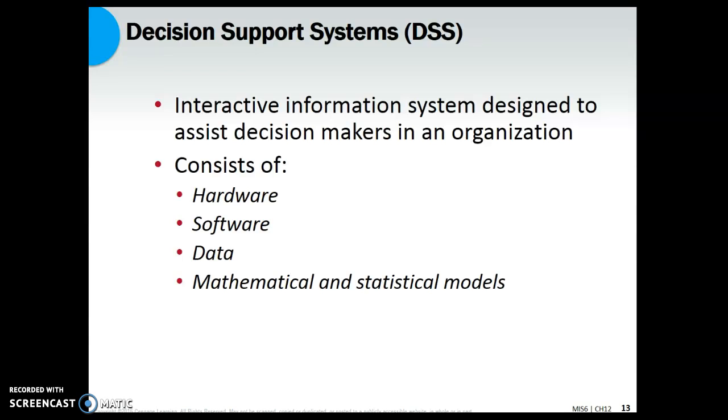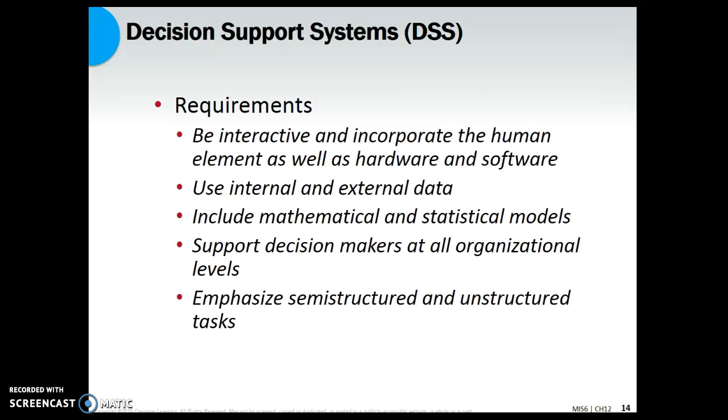The decision support system is an information system designed to assist decision makers in an organization, and it consists of hardware, software, and data. Again, what you're doing is using analysis in order to make that decision about what's best for your organization. Requirements are a very, very important part of making a decision.